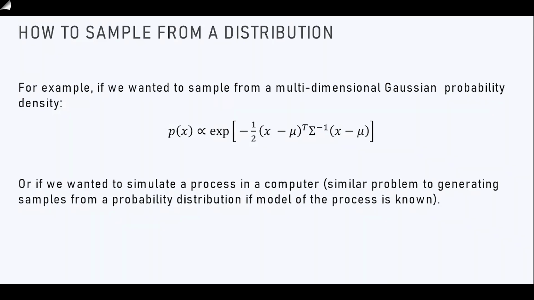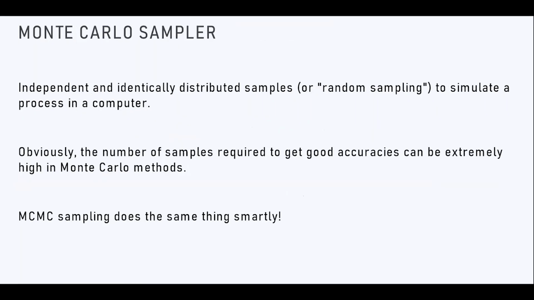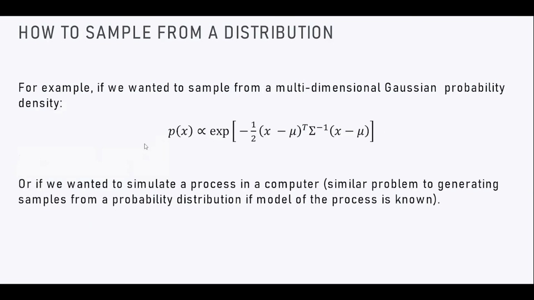Okay, so one way to do it is what's called the Monte Carlo sampler in this literature, which you might have guessed is random sampling. So what you do here is that you keep on randomly sampling, or in other words, you keep on drawing independent and identically distributed samples each time, and then check whether it falls under this probability density and accept or reject each sample.